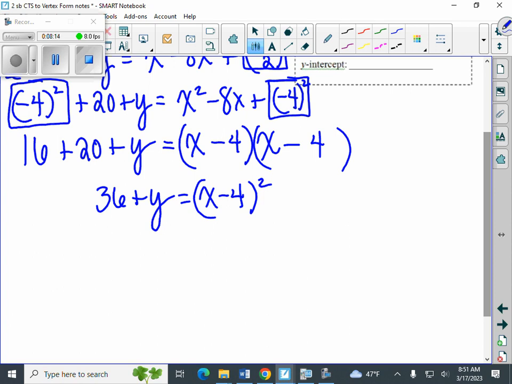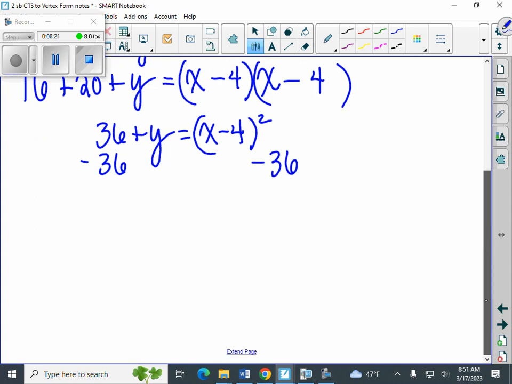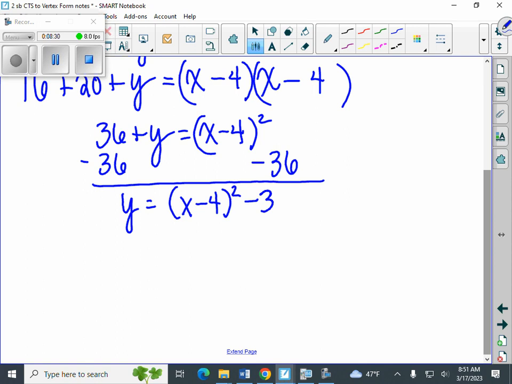And now we're going to move the 36 over. And that's going to put us into vertex form. We get y equals x minus 4 squared minus 36.